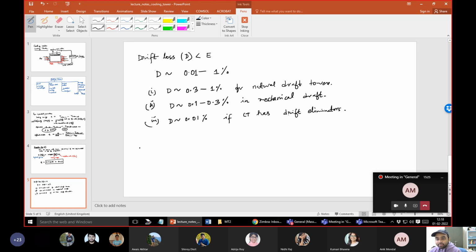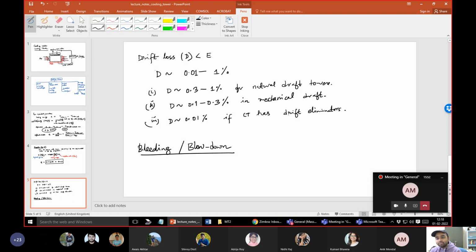So there is another thing that I want to talk about, which is bleeding or blow down. This is a very common concept or idea that is very important in cooling tower operation.